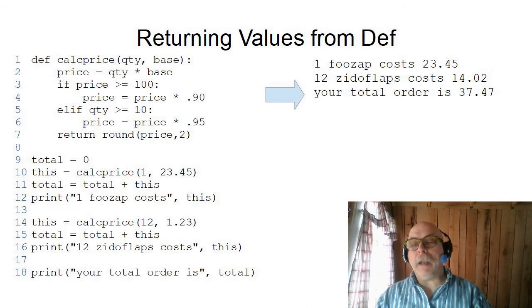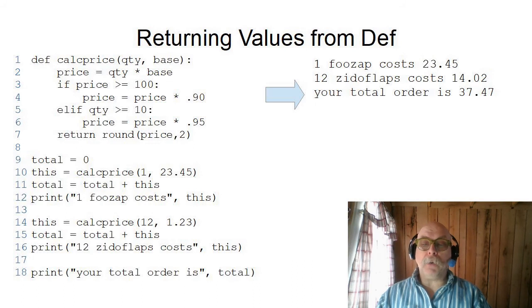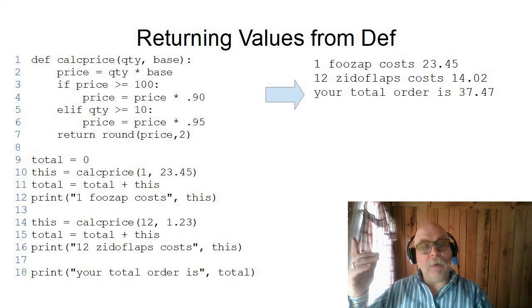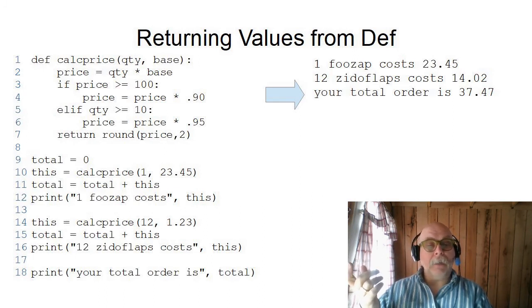So you can see that I calculate by calling calc price 12, 1.23, and save it back in the variable this, which is just another variable, but I didn't care to keep the value from the first one, so I just used the same variable, but I could have used a different variable. I then added this to total, so that total now contains the total price of both items. I then print out 12 Zitto flaps cost $14.02, and then I print out the total order.